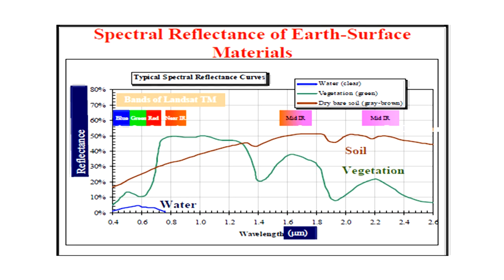Each material, whether this is rock type or soil type or vegetation type, has a unique curve, and with the help of that unique curve we can identify the material, we can classify the images, and we can go for environmental assessments and other applications of remote sensing.